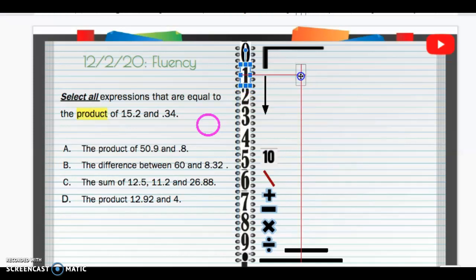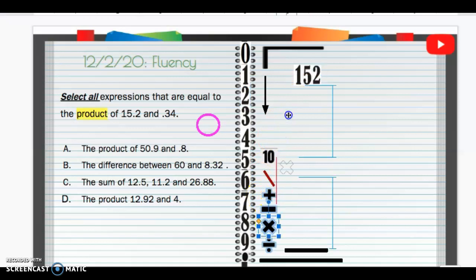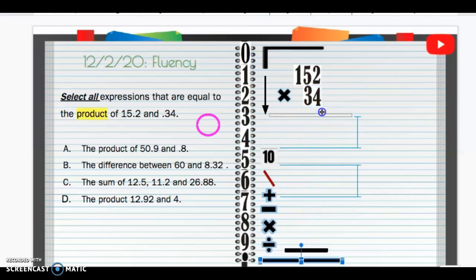Okay, so you have 1, 5, remember you write it without a decimal point, 2, times, and then you write 34 without the decimal point, 3, and then 4. Draw your line underneath it.